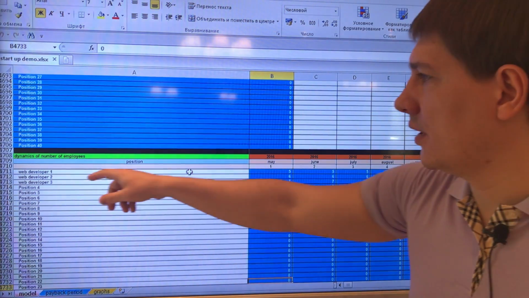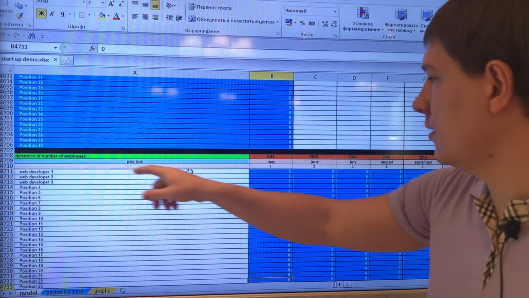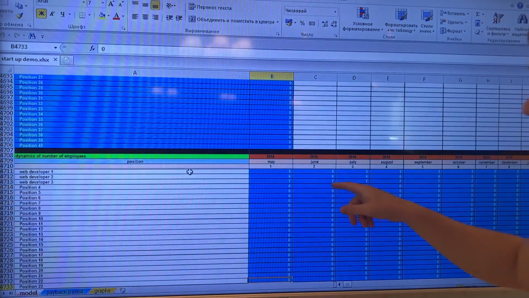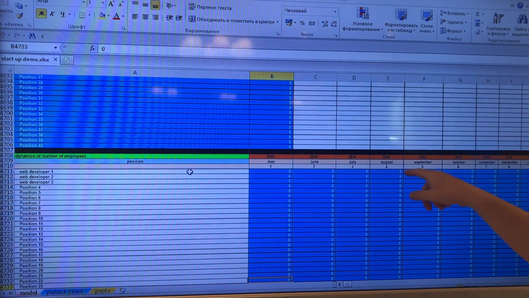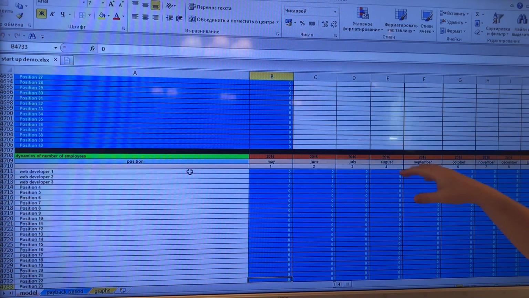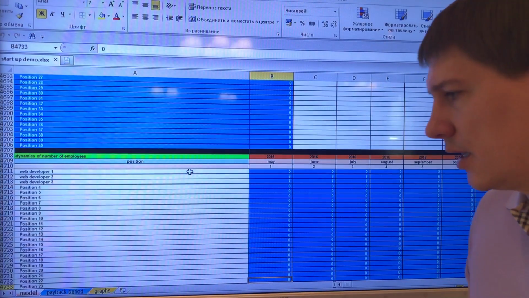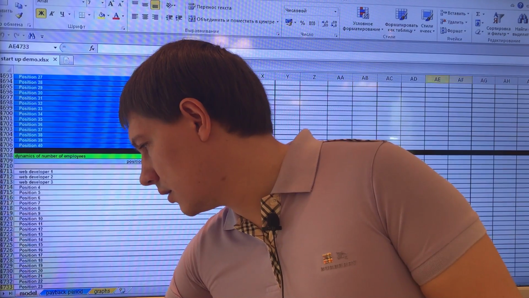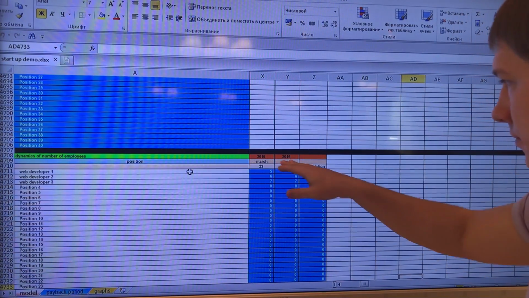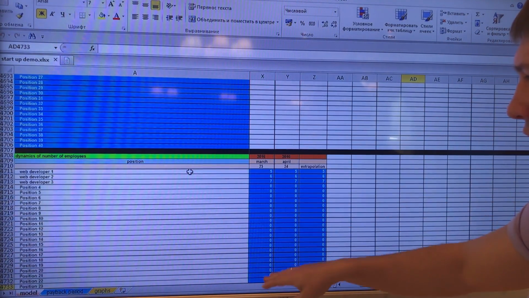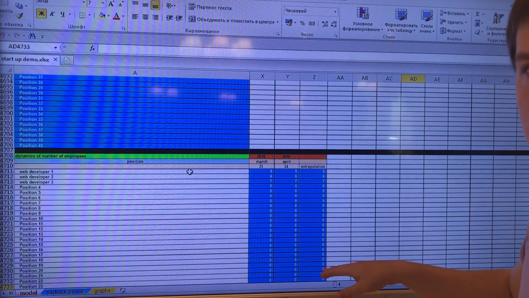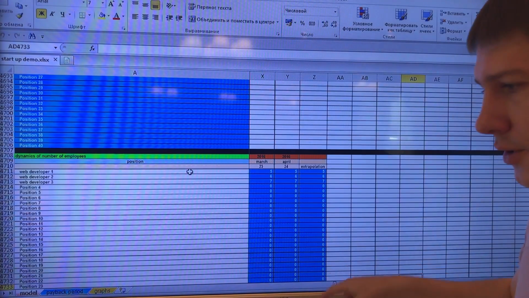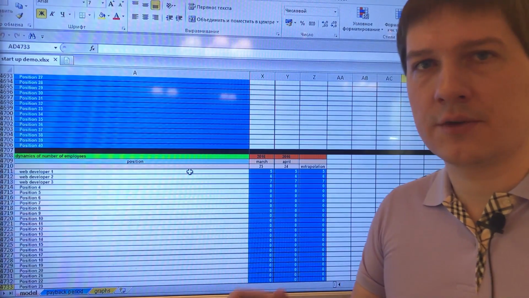For example, in May 2016 we have 5 people in this position. Then we can put 6, 7, 8, 8, 8. Sometimes this number will decrease. We have 2 years of monthly inputs, and afterwards we have an extrapolation of the number of people in this position in the future. So this is the staff of your business.